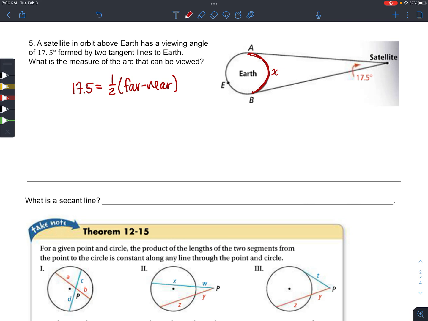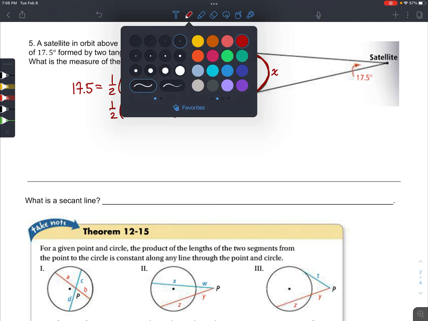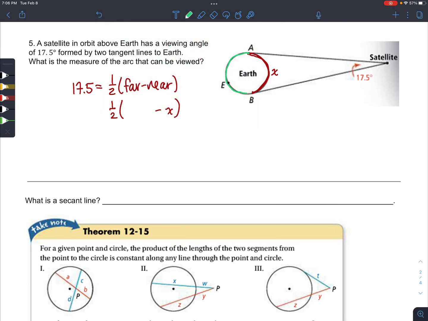Okay, so I want to call this X. So near is going to be X. Now, what is the far? What is this? We have another special case here, right? Tangents hit at only one spot. So this circle is cut into 2 parts, green and red. And if red is X, and I know it's all 360, wouldn't the green be 360 minus X?